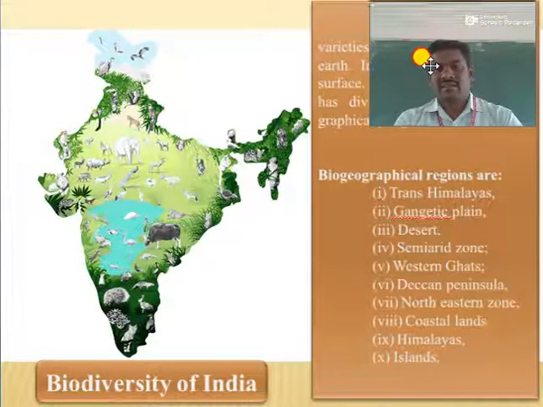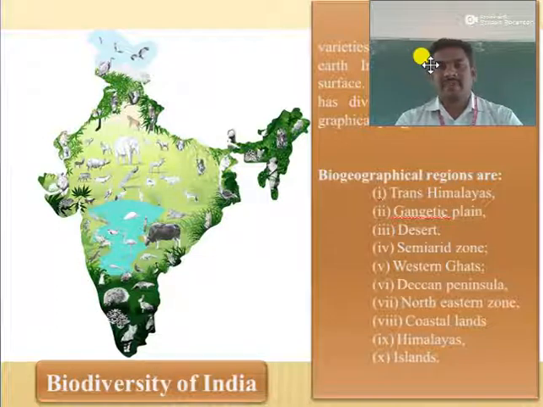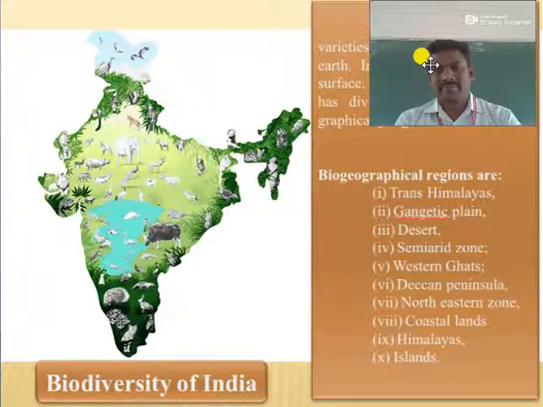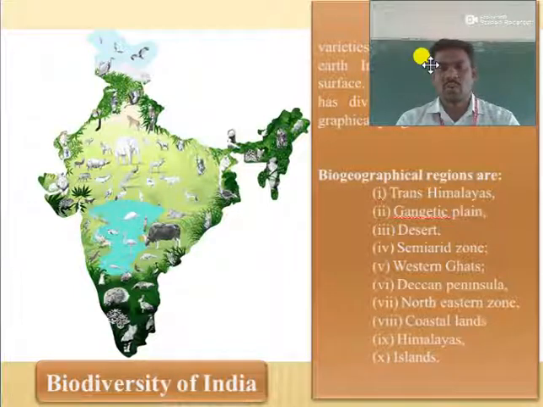The 10 biogeographical regions are Trans-Himalayas, Gangetic Plain, third one is desert, fourth one is semi-arid zone, fifth one is Western Ghats, sixth one is Deccan Peninsula, seventh one is northeastern zone, eighth one is coastal land, ninth one is Himalayas, 10th one is islands.